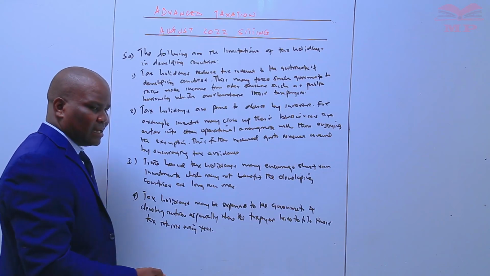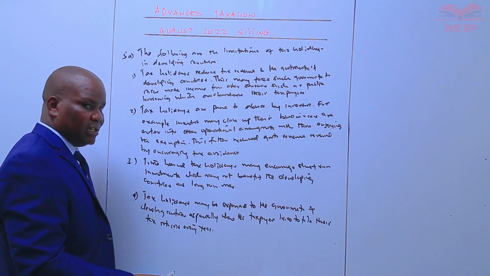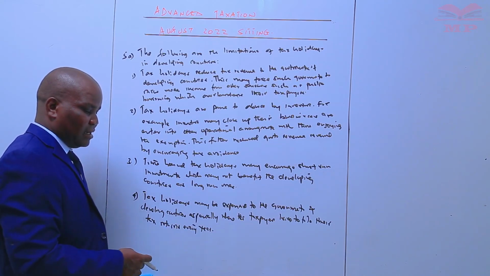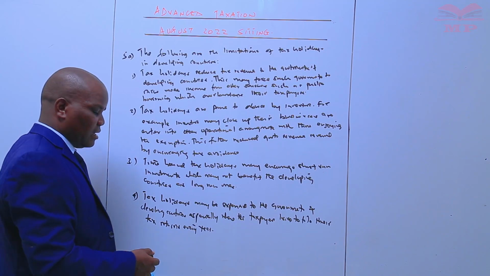Now remember, this is against nil revenue. So the government is spending so much to administer the tax holidays, but receiving nil revenue.